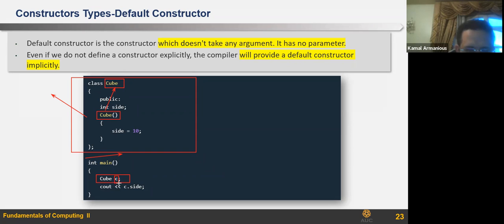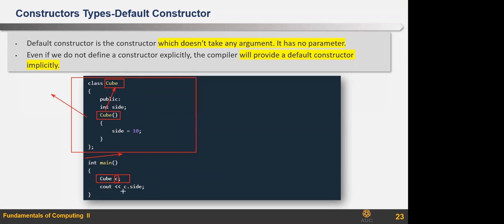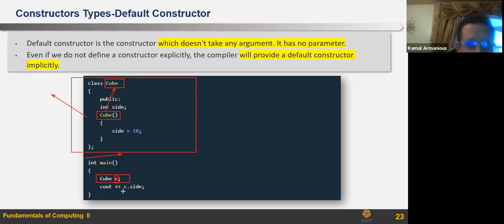No, C, not cube. It's an object. Amira, you have to study. So, C is an object that belongs to the class cube.